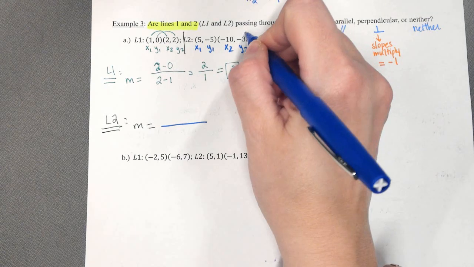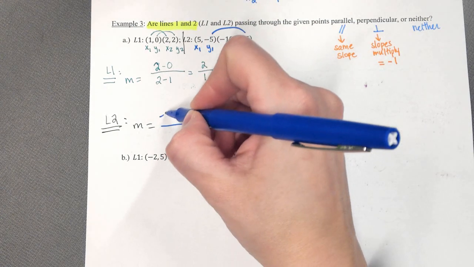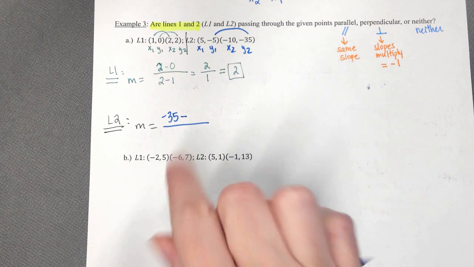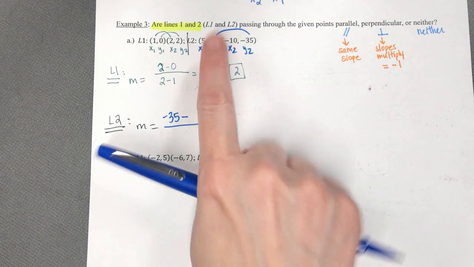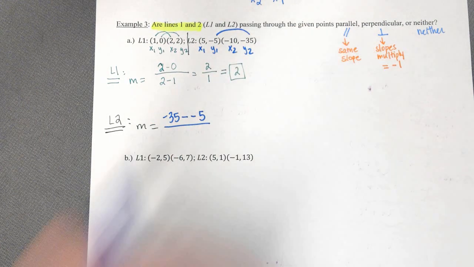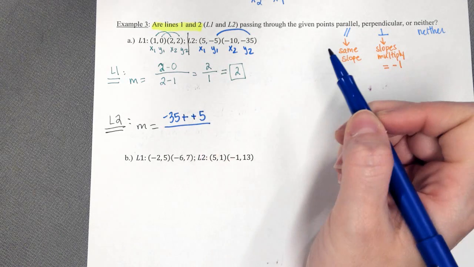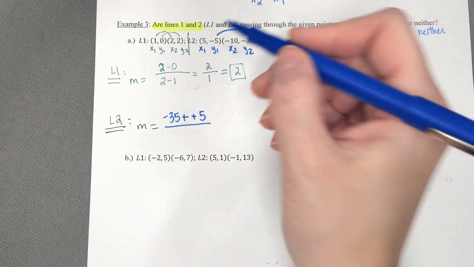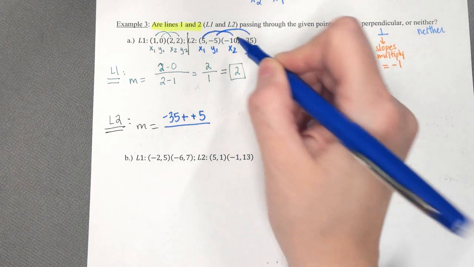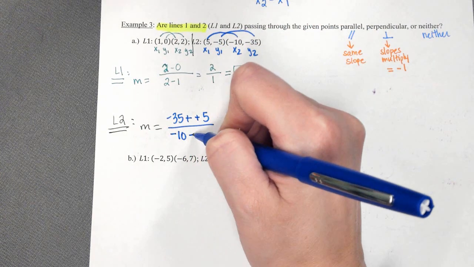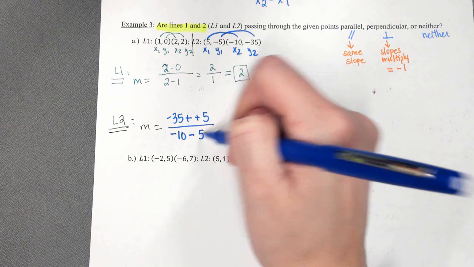So this is going to be -35. You always put a minus in between. So if it's minus a negative, that's when you're going to change it to plus. And then for the bottom, you have -10 minus, and this is a +5.